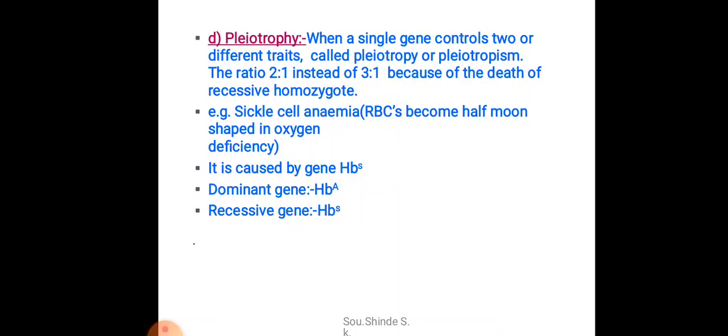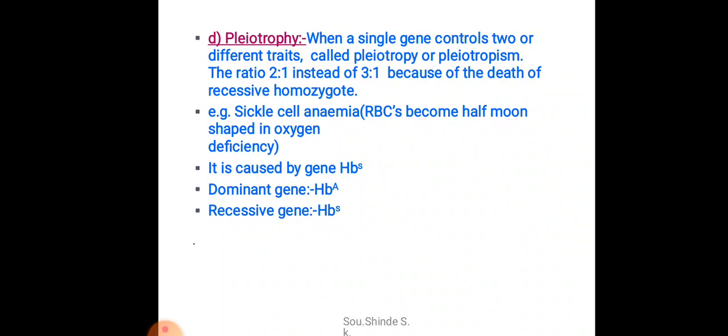In pleiotropy, the ratio is 2:1 instead of 3:1 because of the death of the recessive homozygote. The example of a pleiotropic gene is sickle cell anemia. In sickle cell anemia, the RBCs become half-moon shaped in oxygen deficiency.